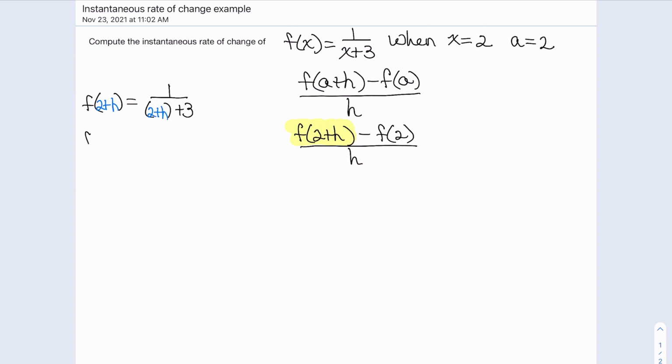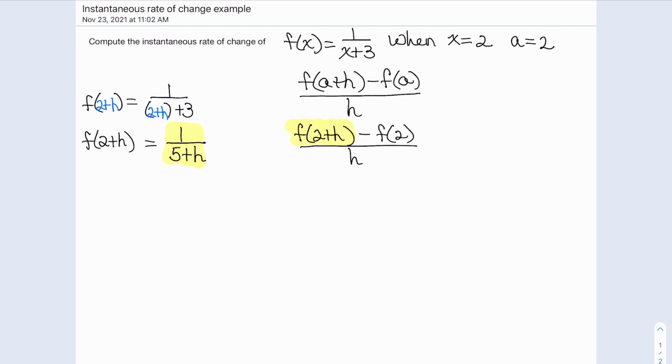This gives us f of 2 plus h is equal to 1 over, and my parentheses grouping doesn't have an action on it like an exponent or a multiplication or any function acting on it. So I really just have 2 plus h plus 3 in the denominator, which is 5 plus h. That expression 1 over 5 plus h goes where the f of 2 plus h is. We'll do that in just a minute.